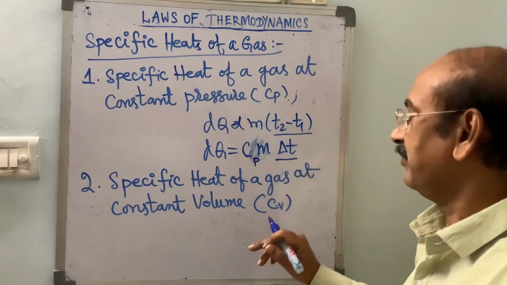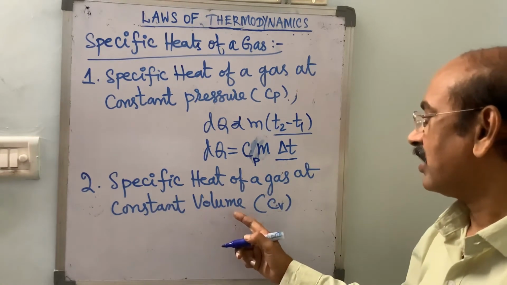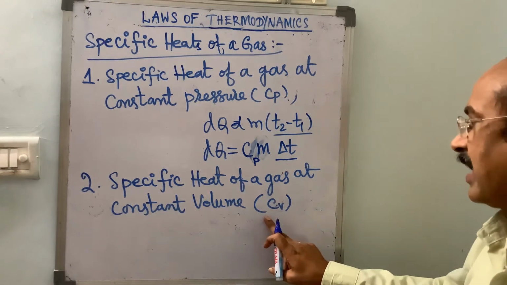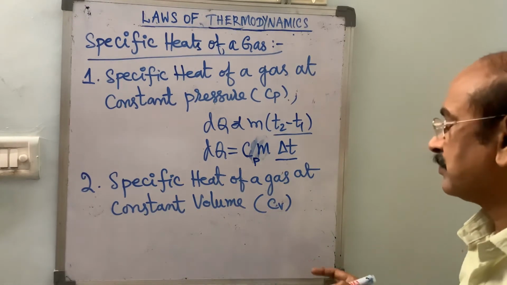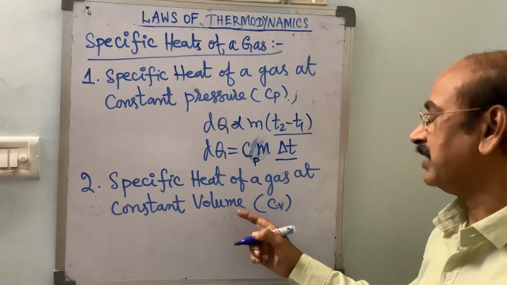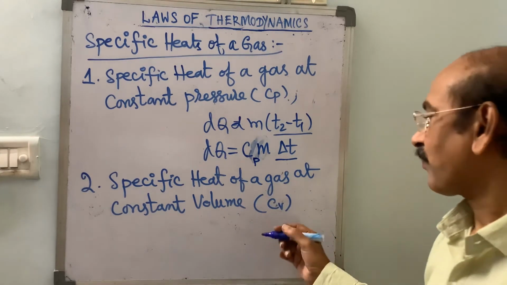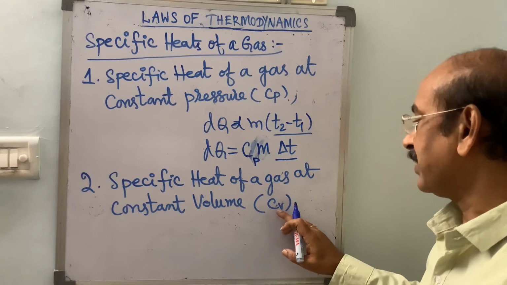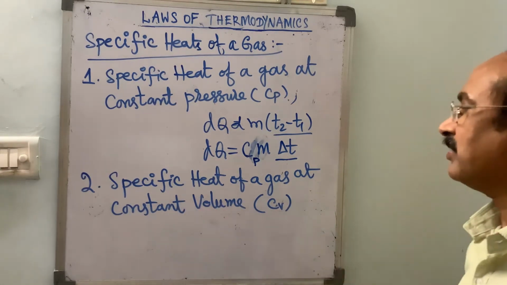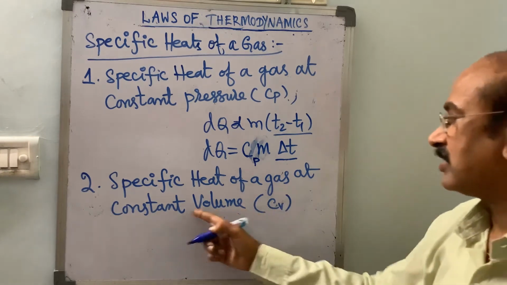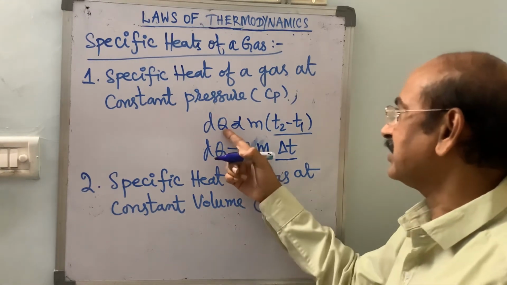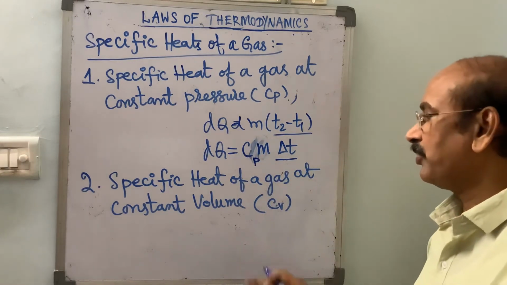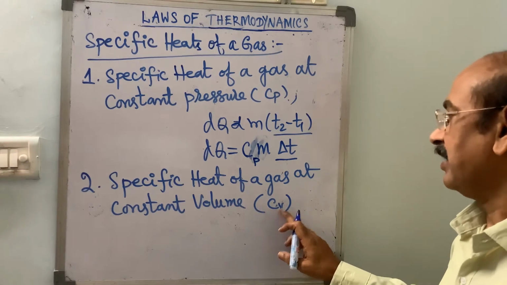And specific heat of a gas at constant volume is the heat energy supplied to the gas to raise its temperature by 1 degree Kelvin at constant volume, for unit mass of gas.